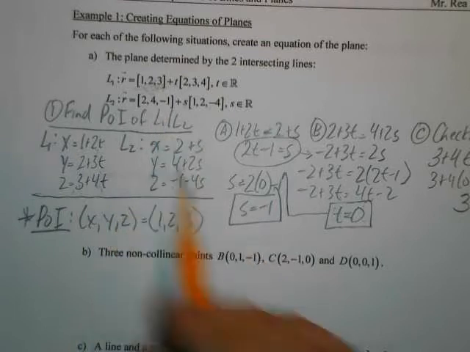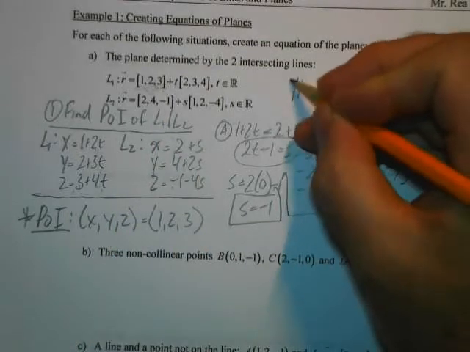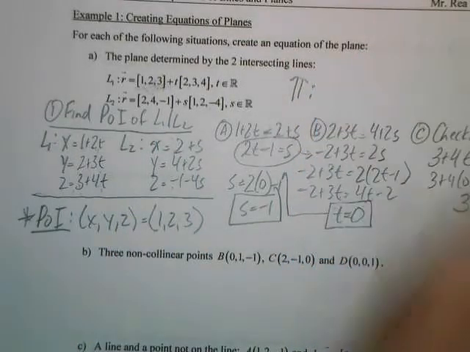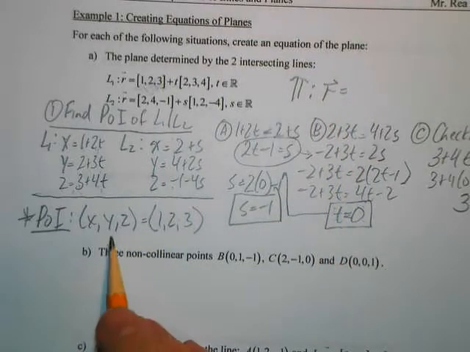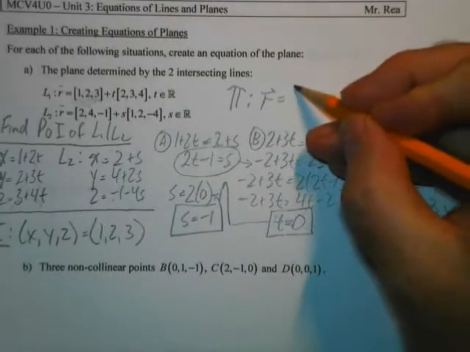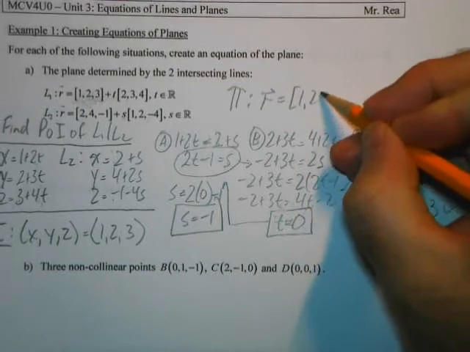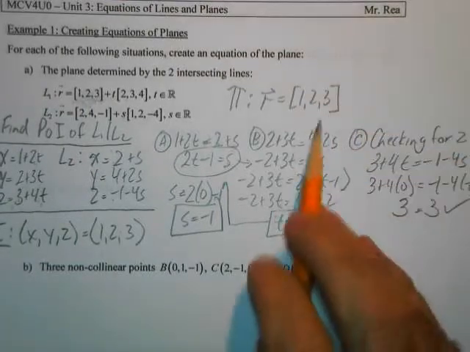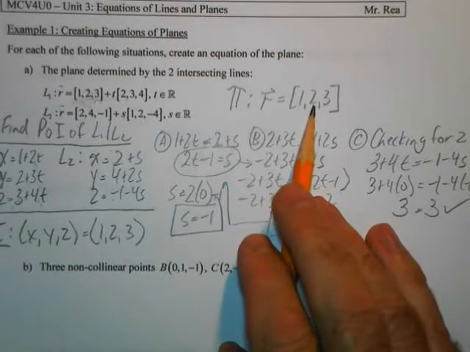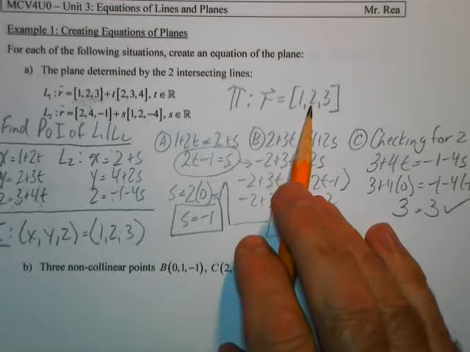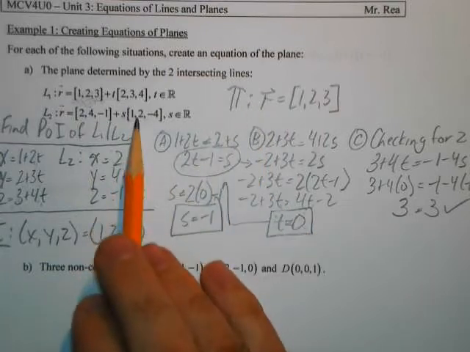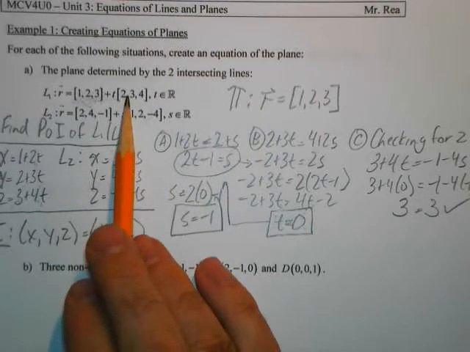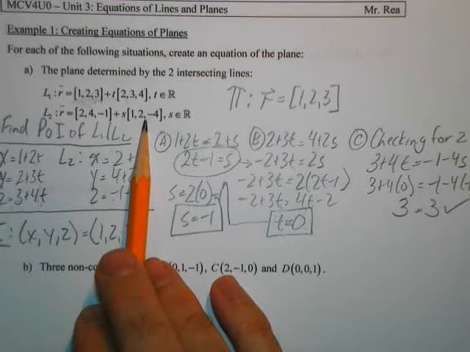So in order to find the plane, and I'm going to use pi to represent the plane, it's going to be r equals, and I've got the point that's on the plane. It's 1, 2, 3. So that position vector gets me to the plane, and then I just use two direction vectors that define the plane. Well, I've got these two. Here's a direction vector of the first line, here's a direction vector of the second line.